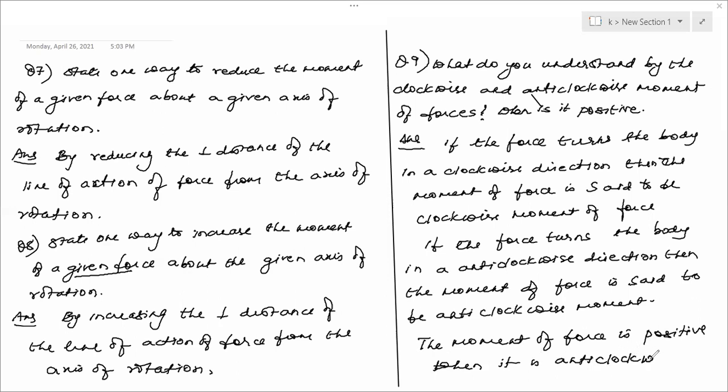Okay children, keep it in your mind. Okay, so naturally clockwise रहेगा तो negative रहता है, लेकिन इधर खाली पूछा है when is it positive. So moment of force is positive when it is anti-clockwise moment of force, okay children. Now we go to the next question.